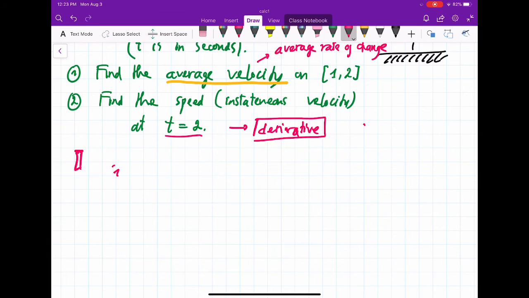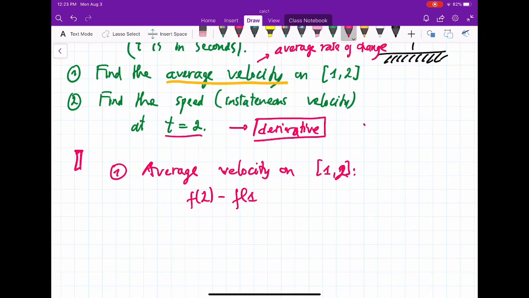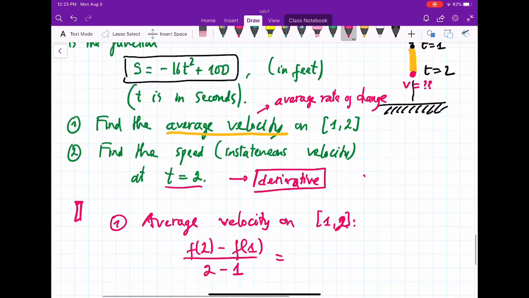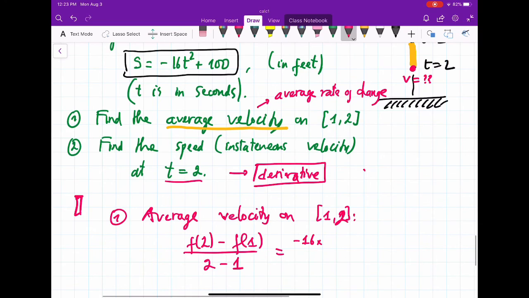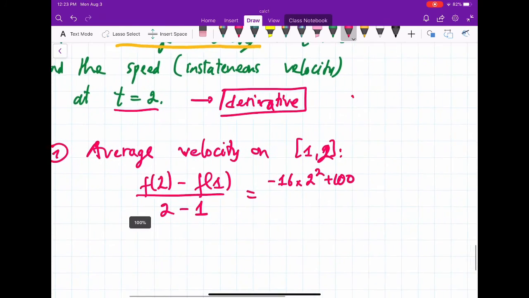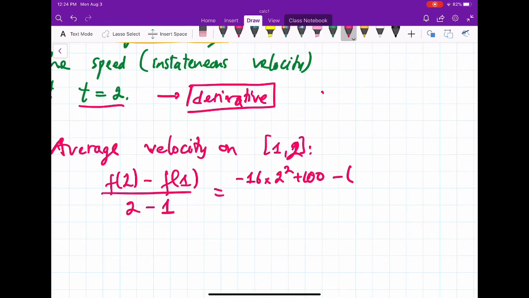Here's my solution. Average velocity on [1, 2] is equal to f of 2 minus f of 1 divided by 2 minus 1. You plug 1 and 2 into the function, you get negative 16 times 2 squared plus 100, minus, I use parentheses, negative 16 times 1 squared plus 100, divided by 1.